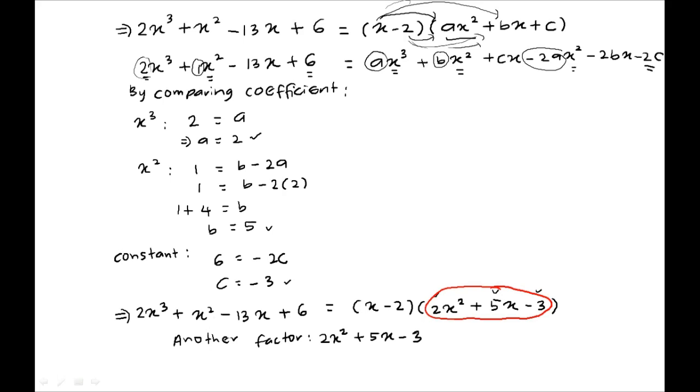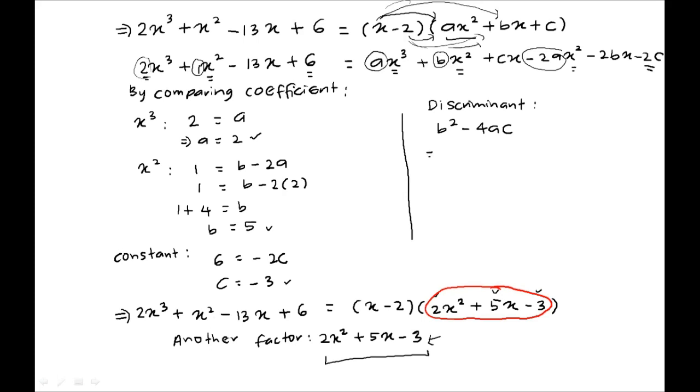Now we want to show whether this factor has two real roots. Since this is a quadratic, we can show it using the discriminant, which is b squared minus 4ac.